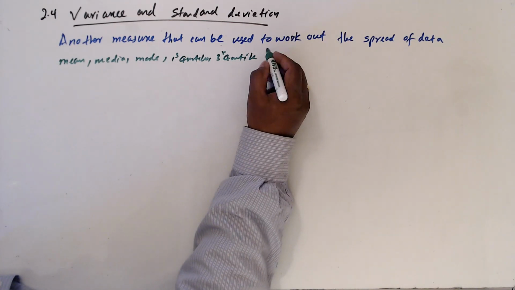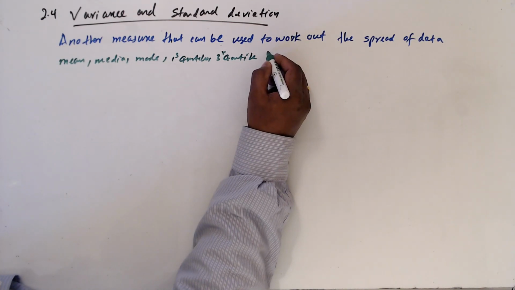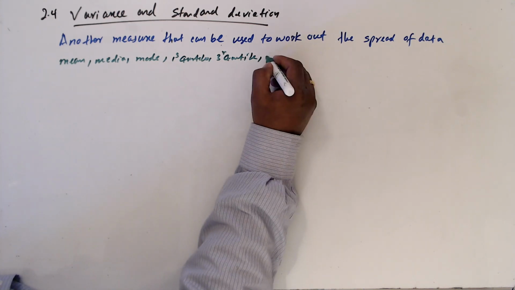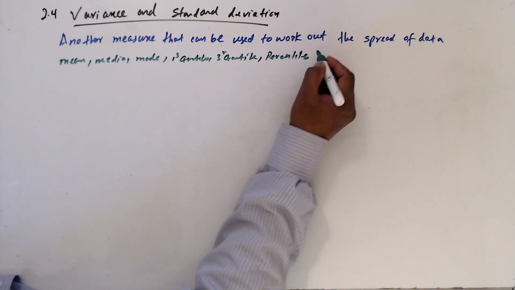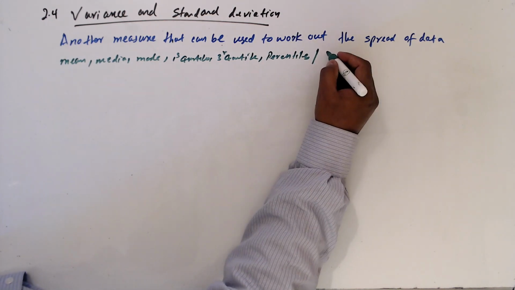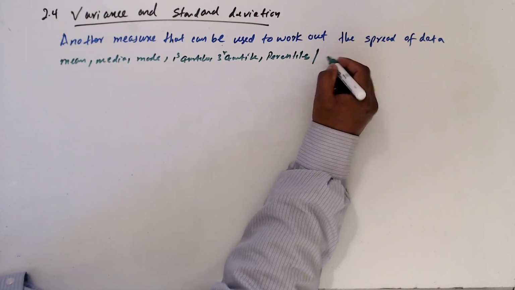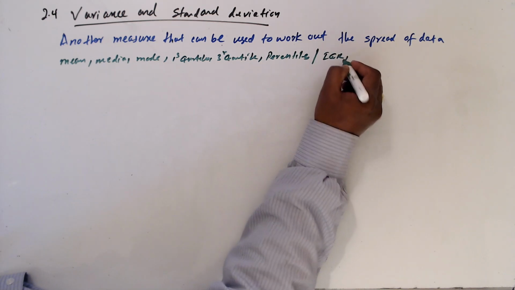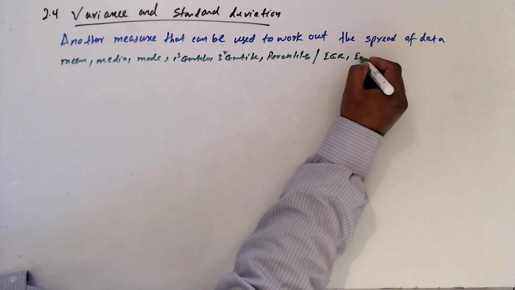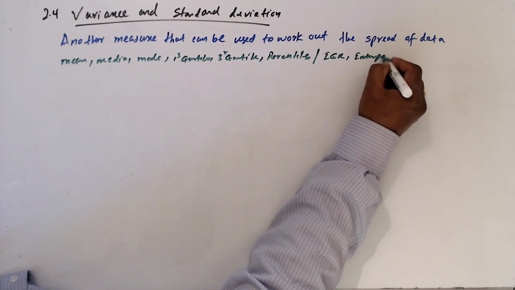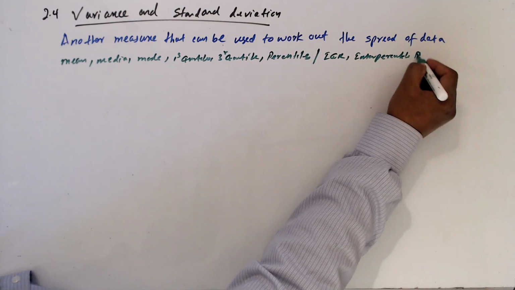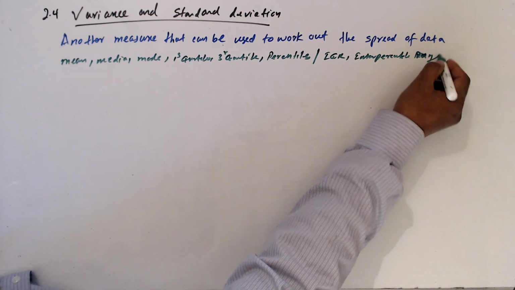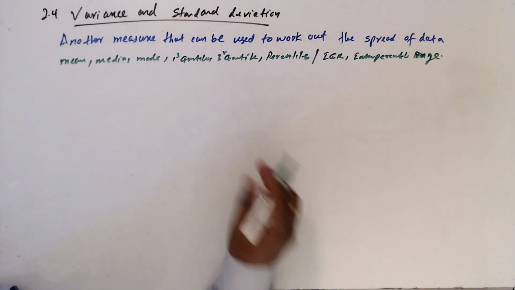And for measures of spread we have percentiles, and then we have IQR, the interquartile range, then the interpercentile range. So those are some tools.